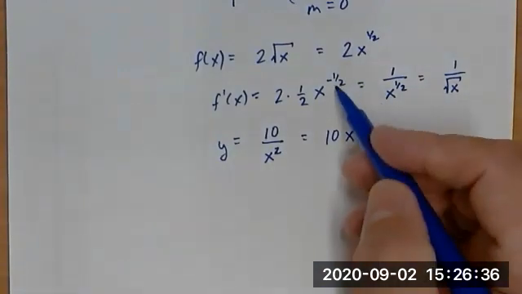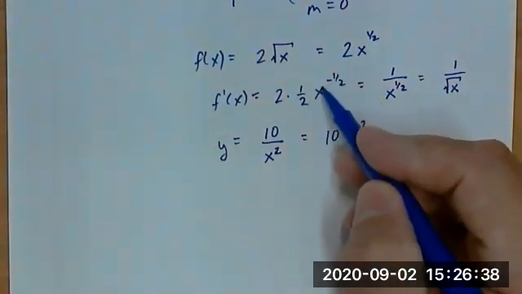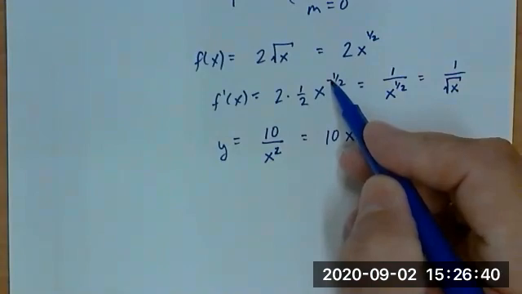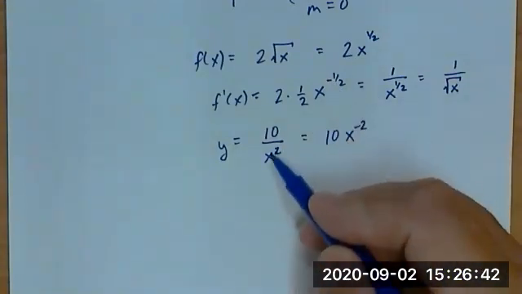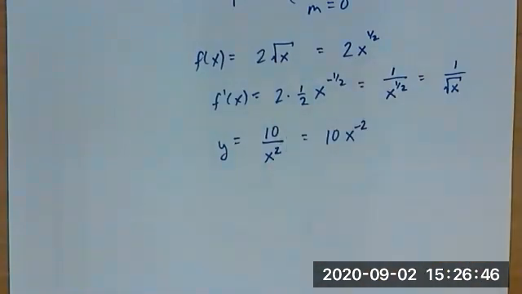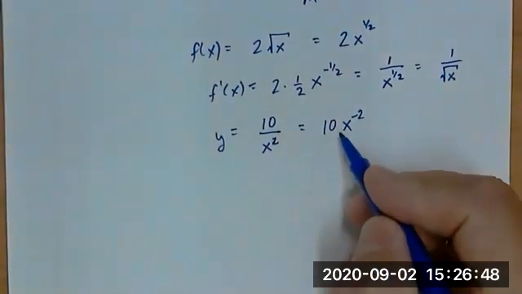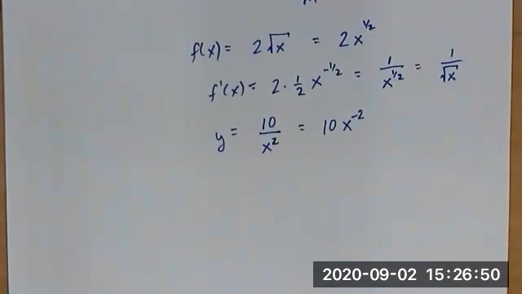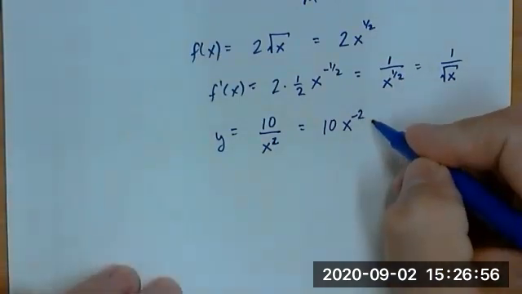Just like up here, I had a negative exponent sort of in the top. I want to make a positive, so I moved it to the bottom. Or here, have a positive exponent at the bottom. I want to get it to the top. I can write it like this. I do this because now I can apply the power rule, because I have x to the minus 2.